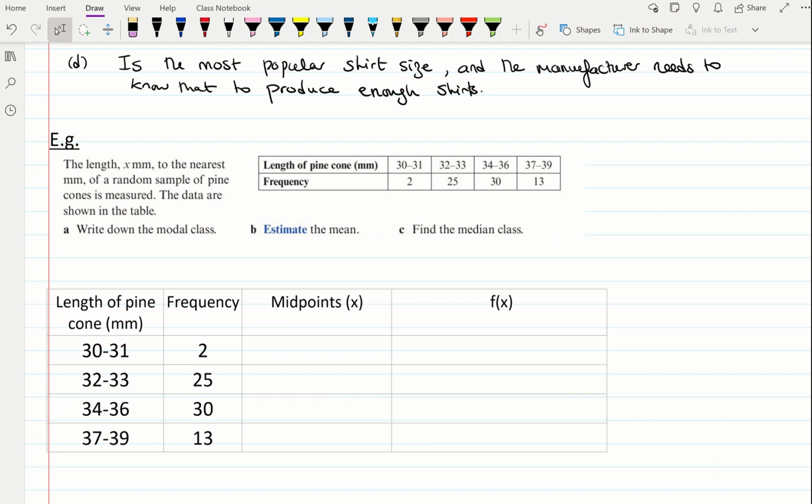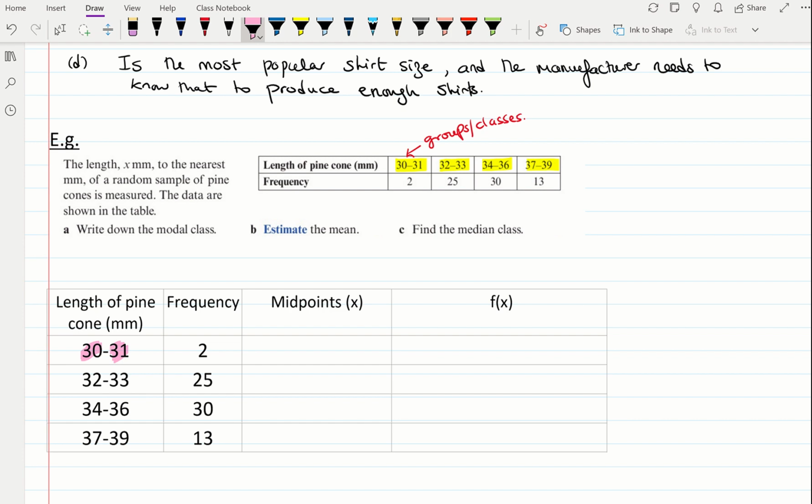The second example is an example of a grouped frequency table. These are called groups or classes. And before you're able to find the mean, you have to find the midpoint. And the midpoint is found by adding the upper and lower limits, and then dividing by 2.